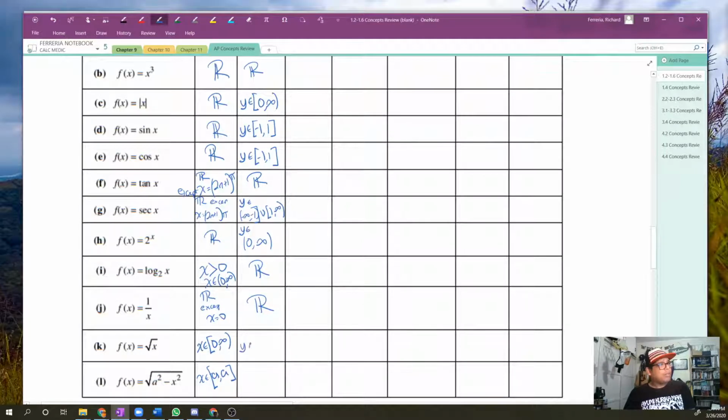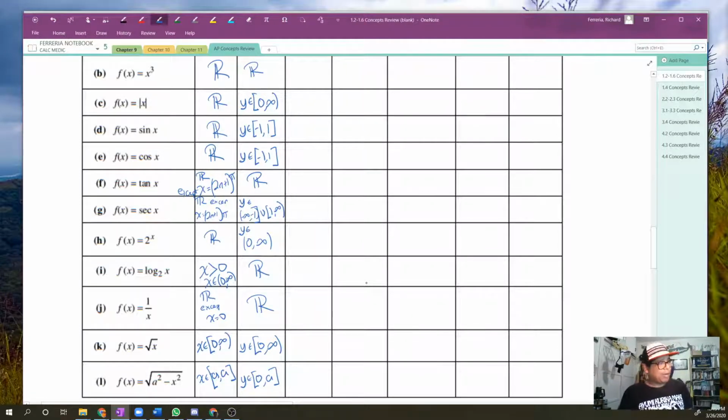So y should be between 0 and positive infinity. And then over here, the y coordinates also go only for that top half of that circle from which this curve comes from. So y can only be between 0 and a, inclusive.